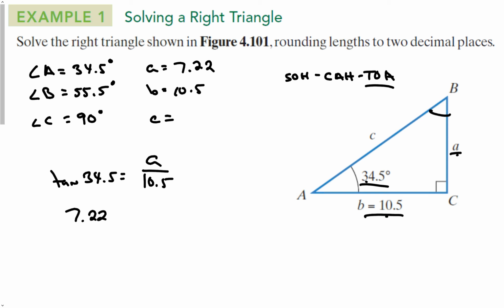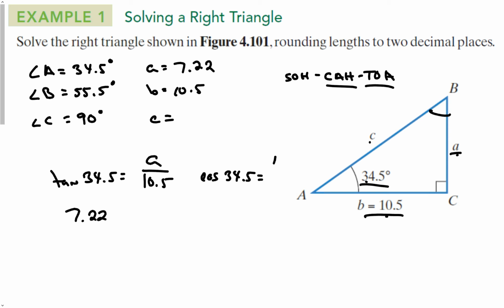Now I could use either the Pythagorean theorem, because I know two sides of a right triangle, or another trig ratio. I'm just going to use another trig ratio because I have a nice easy one right here. If I want the hypotenuse, I could say that the cosine of 34.5 is equal to the adjacent over the hypotenuse.